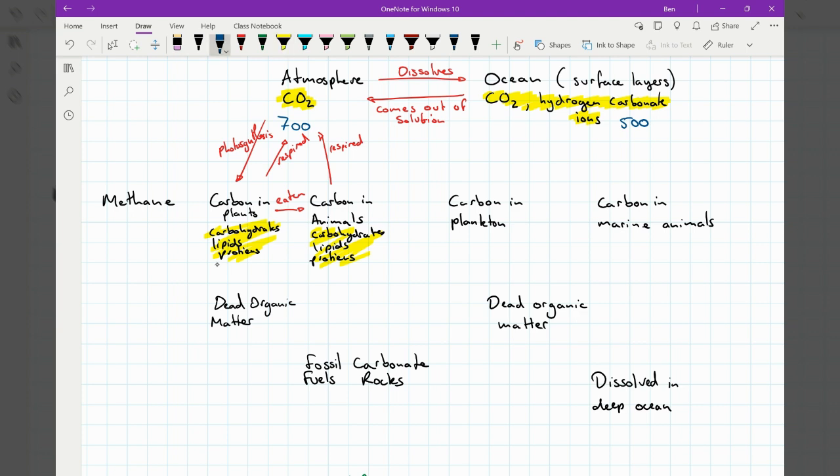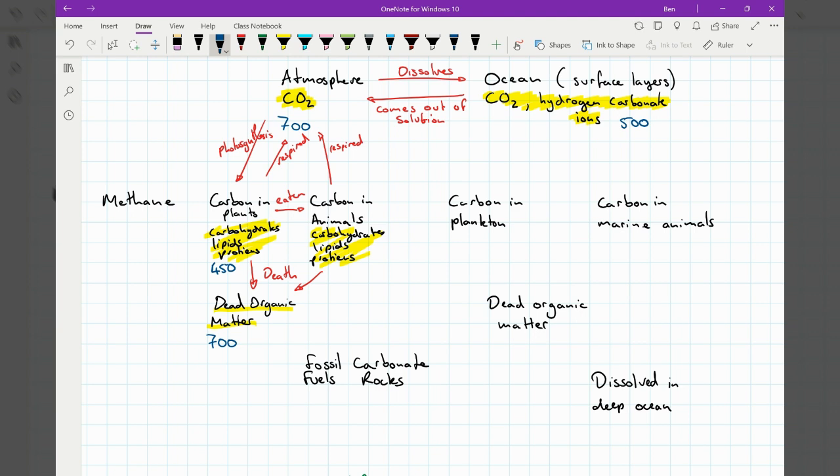So we have 450 billion tons in plants. And then we have death, where plants and animals die and are converted into dead organic matter in the soil, which is our form as well. And that makes up 700 billion tons.